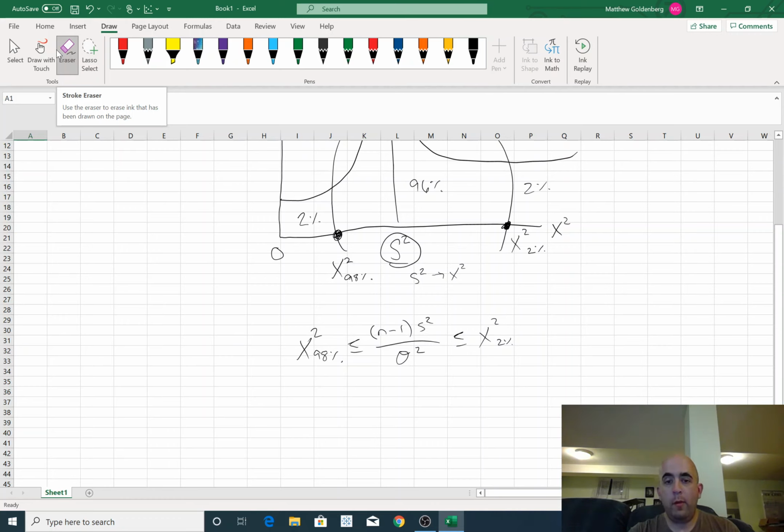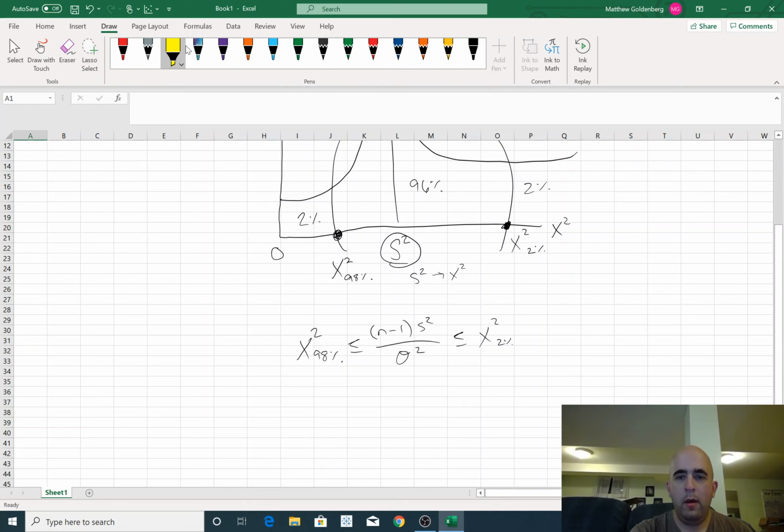Now, this won't help us because we don't have a predicted variance in the middle. We need to find that somehow, because our predicted variance in the middle is going to be in the end predicted by S squared, or our sample variance.